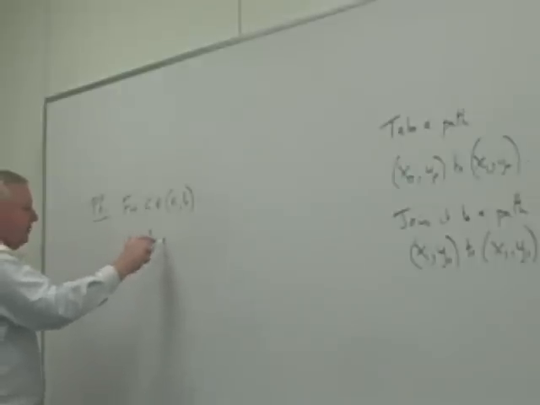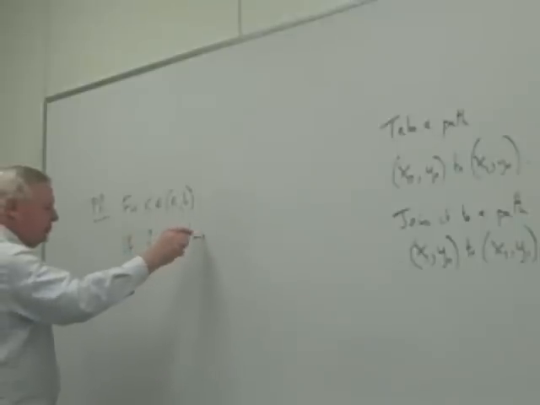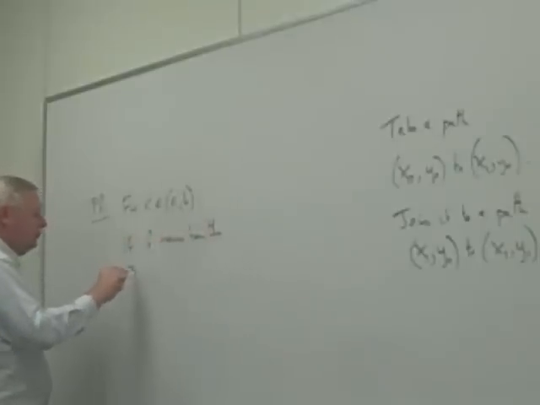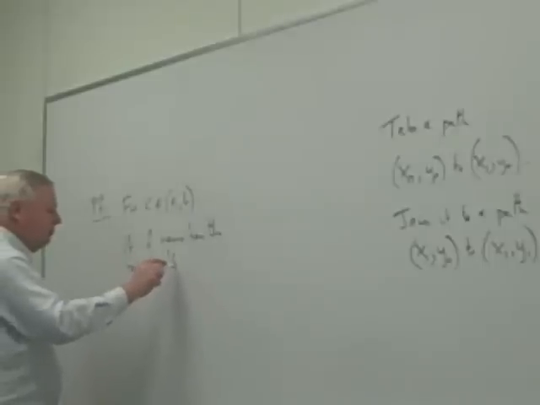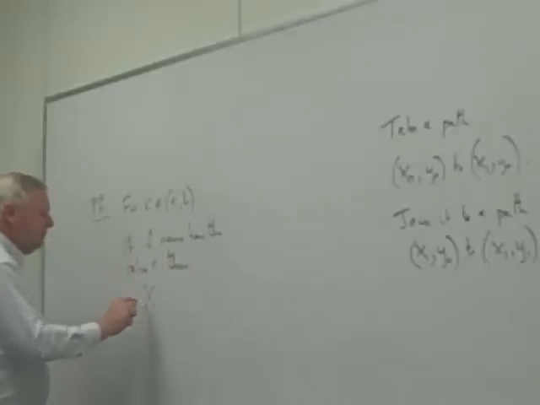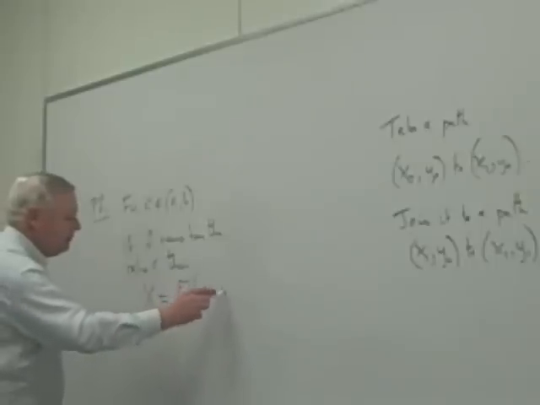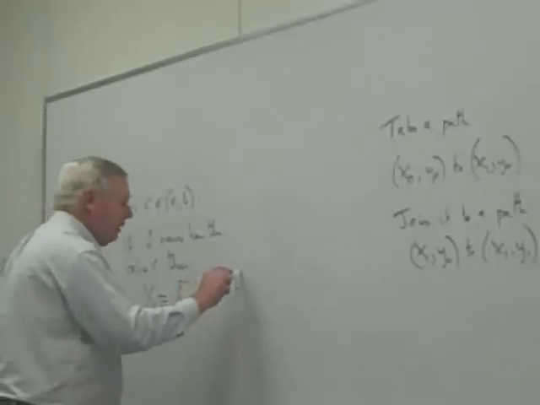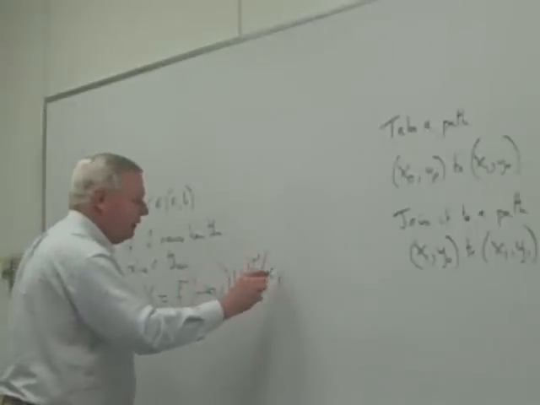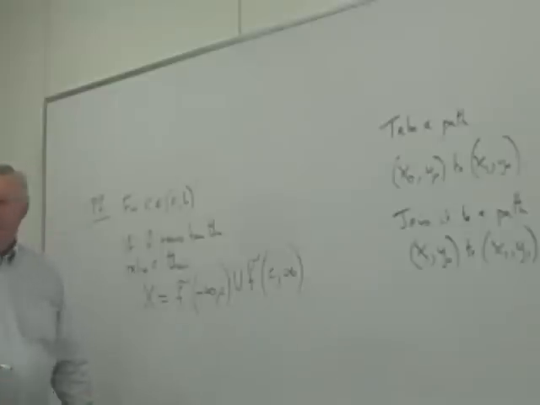If f never has the value c, then X is the inverse image of the interval (minus infinity, c), union the inverse image of (c, infinity). We won't miss any points in X by that because none of them gave the value c when we applied the function f. But both are non-empty.